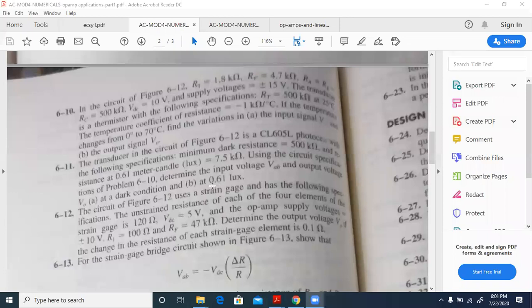Now when we have this 0.61 lux, then the resistance reduces to 7.5 kilo ohm. So del R will effectively be the value which is 500 kilo ohms minus 7.5 kilo ohms.